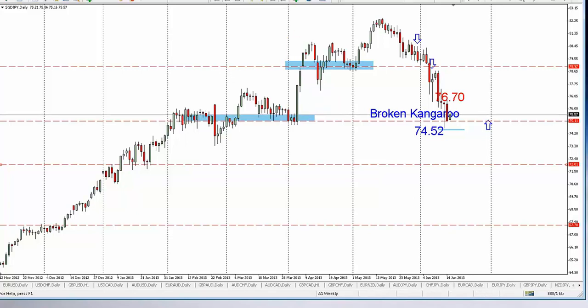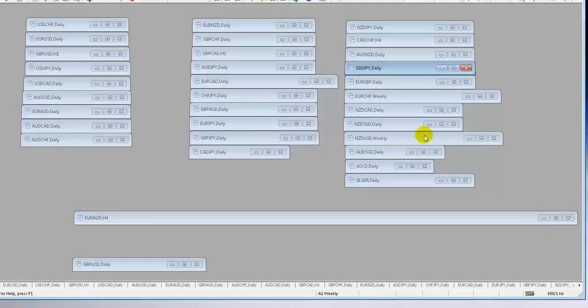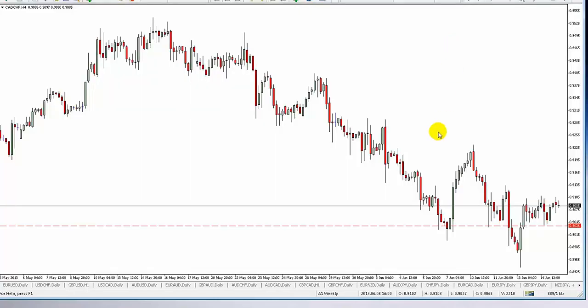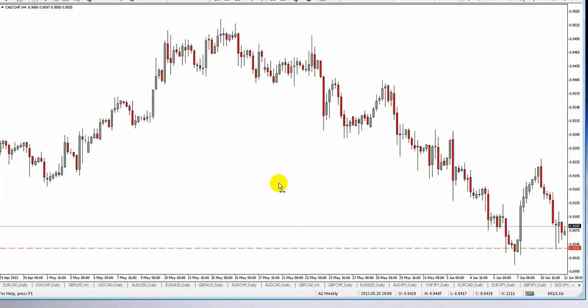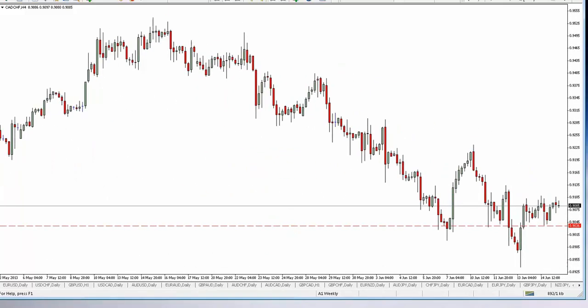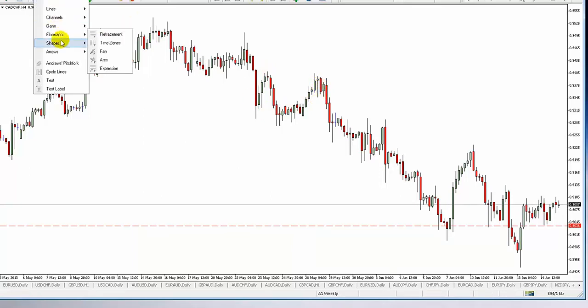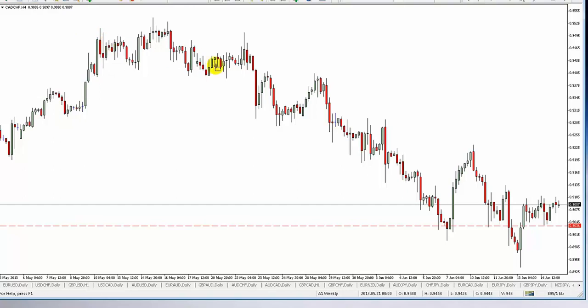Well, let's get another chart here. We can pull up the CAD Swiss. So here's the CAD Swiss. It has been going down, and essentially what we want to see in the case of a trend is there's 2 phases really.